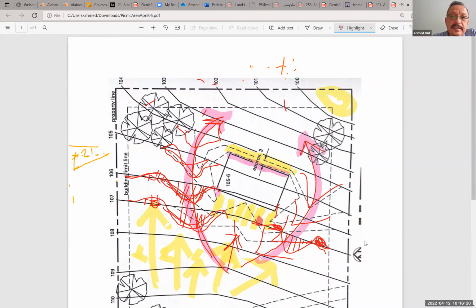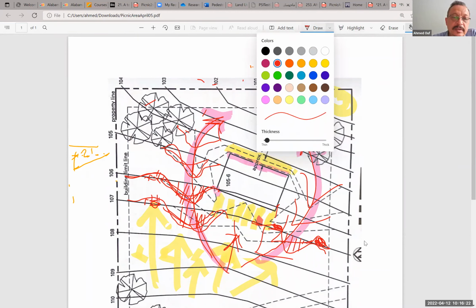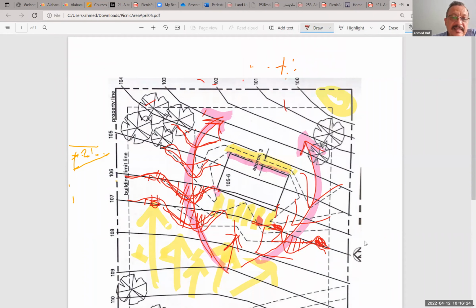I can still play with the grading, like I will extend this new grading line, go like that. So what I did is create a new grading line where I cut in that area and that area, and this area I'm actually filling in the back of the building.